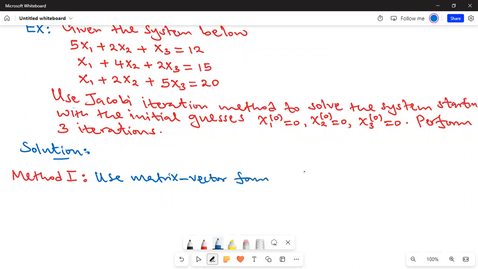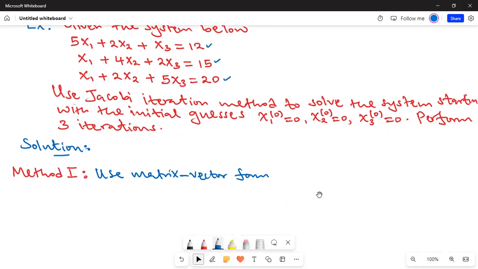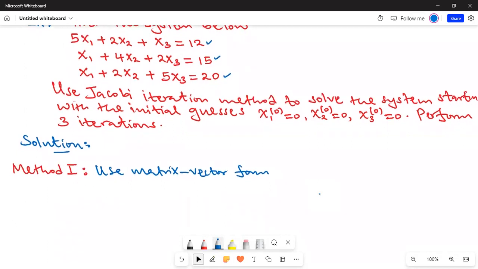Now let's see how to write this system in matrix vector form. Remember, we have 3 equations. We start by writing the coefficient matrix. That is 5, 2, 1 in the first equation. The other one is 1, 4, 2.